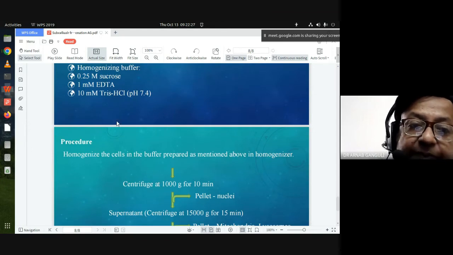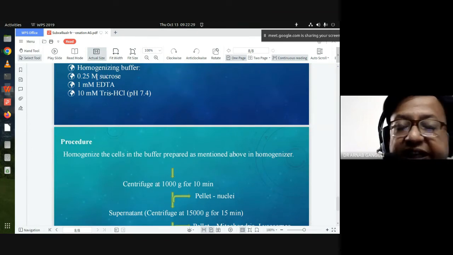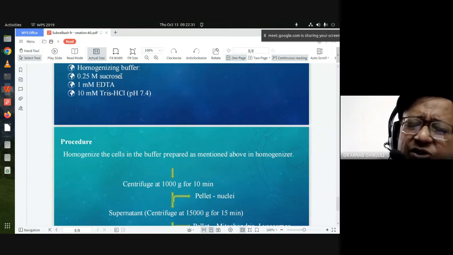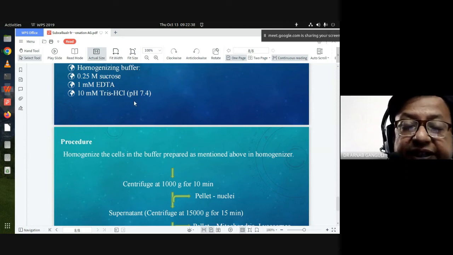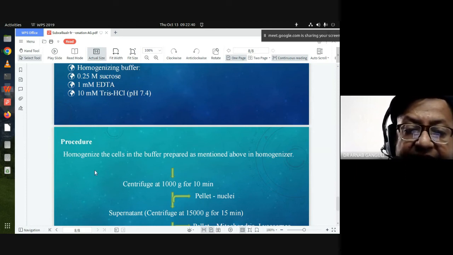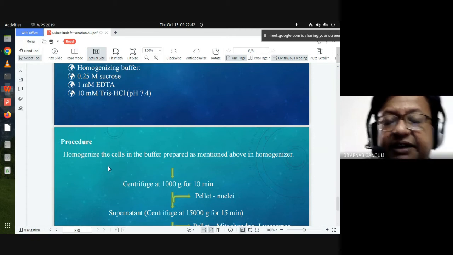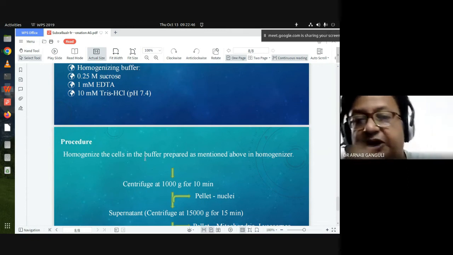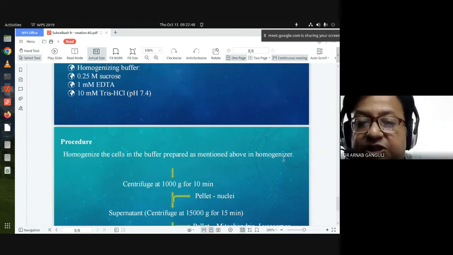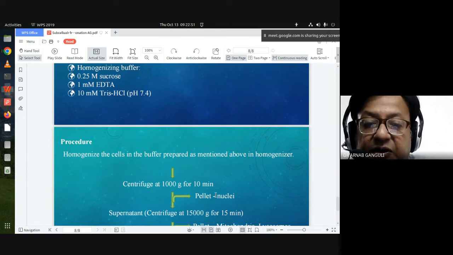So basically the procedure is simple. Homogenizing buffer has sucrose. You can use other components also. EDTA will stop the proteases, and you use a buffer. Tris HCl is a buffer. It will resist changes in pH. So you homogenize with mortar and pestle, centrifuge, and pellet the nuclei.